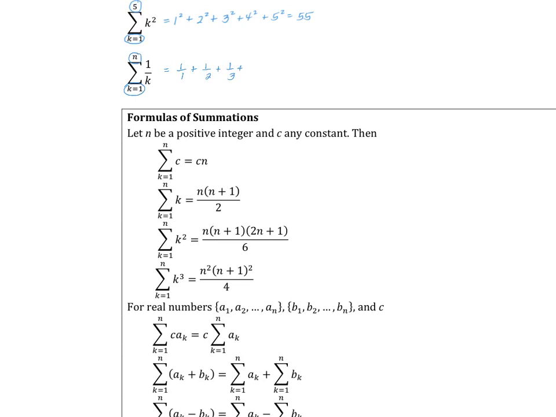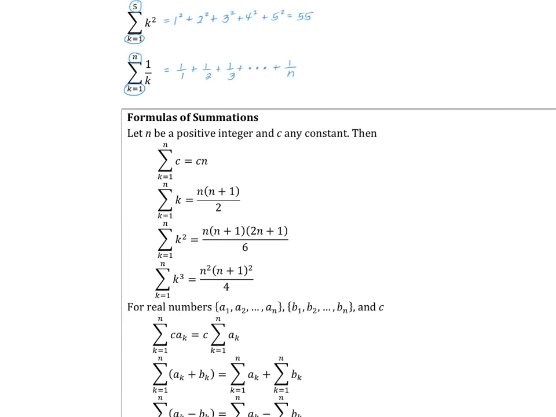This is just a sum for any number n. So the way we show that is we say, okay, this pattern will continue, plus the last thing I'm going to add is 1 over n, whatever that n may be. So I really can't add those all up because I don't know what n is.